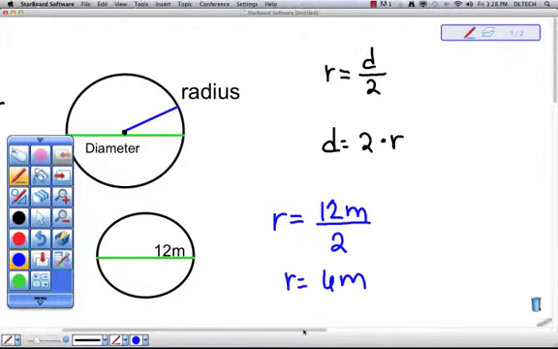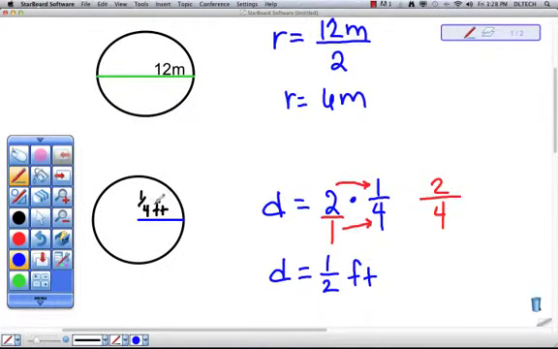And if you need to find the diameter and they only give you the radius, you will take your formula for diameter, which is 2 times the radius, and you will double that number given for the radius to get your diameter. In this case, 1/4 times 2 equals 2/4, which reduces to a half.